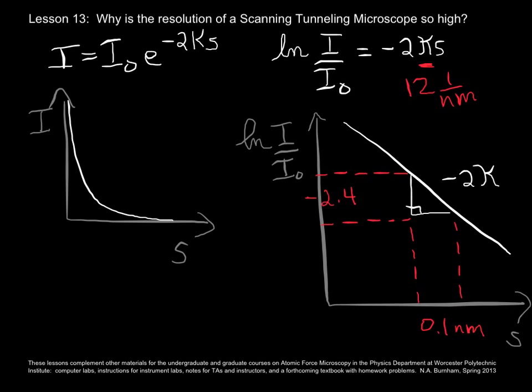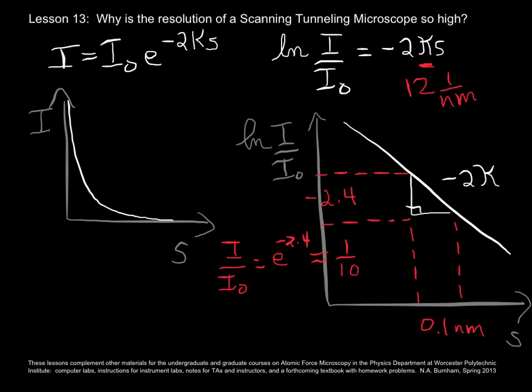And if we think about how much current is going to change, what we do is we take that ratio of currents and we raise e to the minus 2.4. That is approximately equal to 1/10.